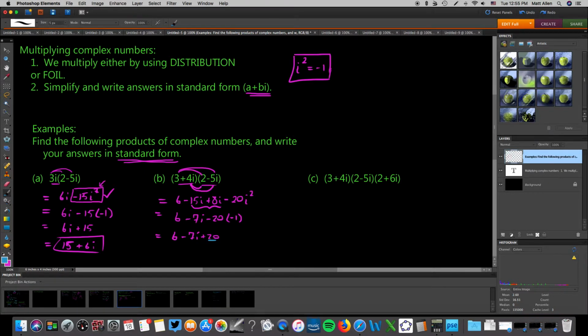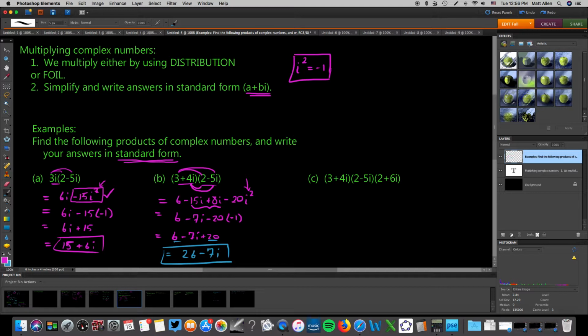Putting these together, 20 and a positive 6, we should get a 26 as our real part and -7i as our imaginary part. So you can see that foiling this out, it doesn't really look like it could ever be in standard form, but because we can simplify this i squared into a -1, we should always be able to write this in standard form.